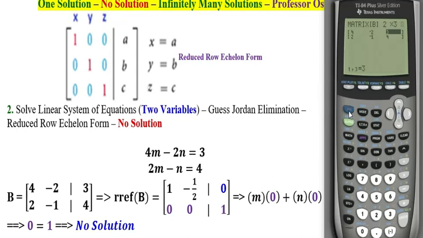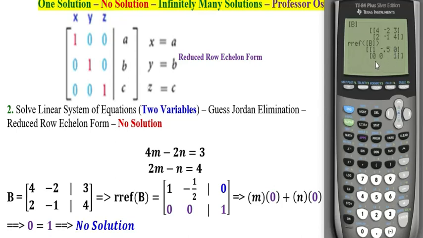Then we go to second matrix, B, and here it is: 4, 2, minus 2, minus 1, 3, 4. Then we do second matrix, math, RREF, second matrix, call B. Hit enter, and here is the solution. 1, 0, minus 0.5, which is minus half, 0, 0, 1.